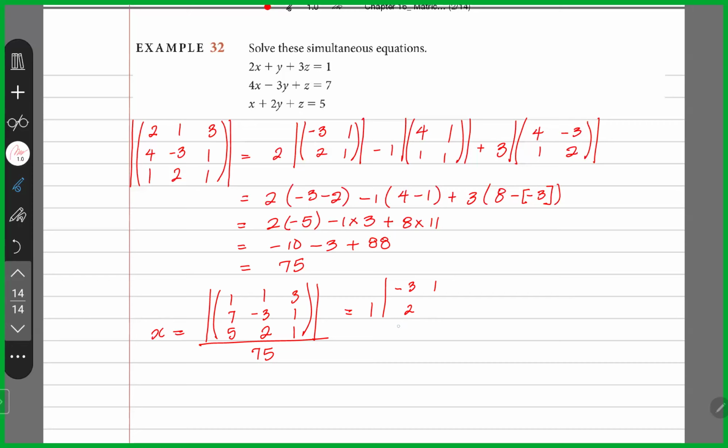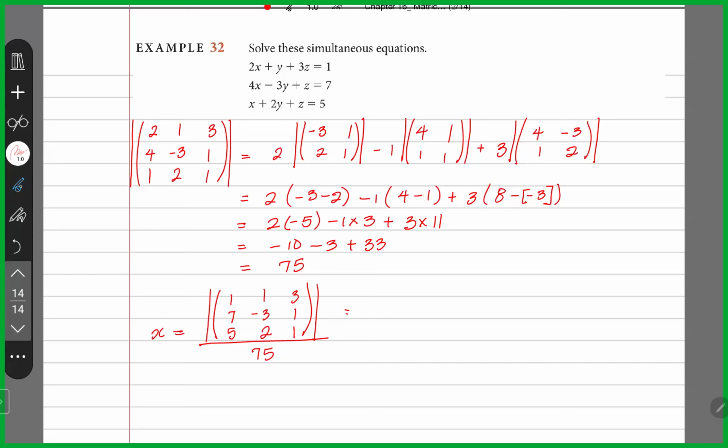Oh, all right. Somebody just pointed out an error, which, thank God we caught it early. It should be 3 times 11, which is plus 33.